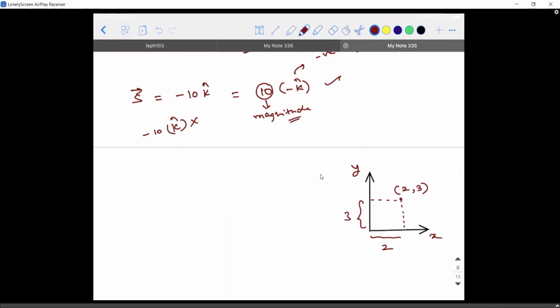So to be more specific, instead of using the axis, you can use the origin also. If I drop a perpendicular, the foot of the perpendicular is at a distance of 2 units from the origin, and the foot of the perpendicular means the point where the perpendicular is touching the y-axis or x-axis. More technically, it's called the abscissa, and this is called the ordinate. We will not use all those things.